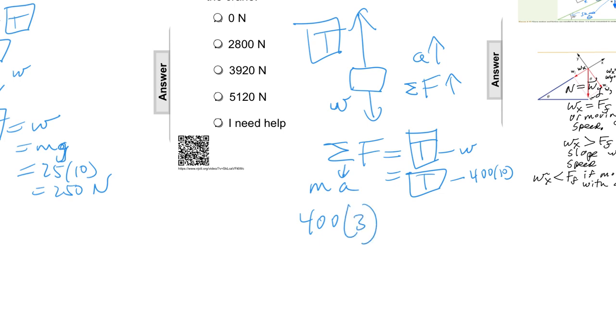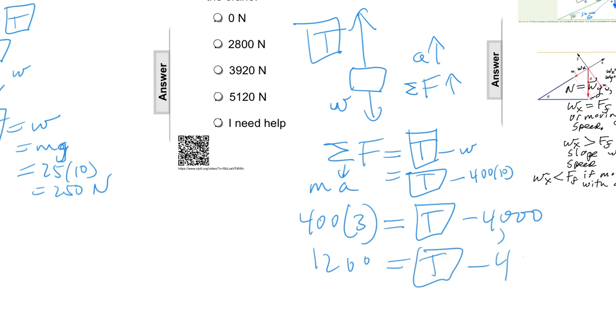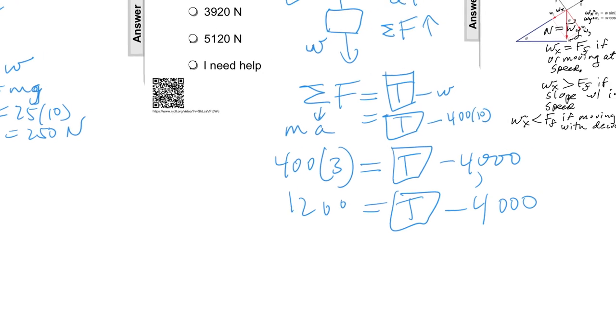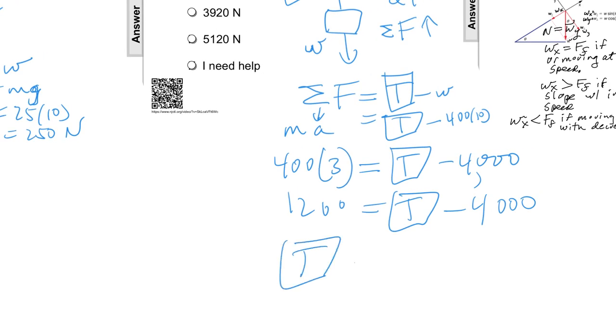I don't use plus or minus because I'm using my diagram. So that's tension minus 4,000, which equals 1,200. So T is equal to 1,200 plus 4,000.